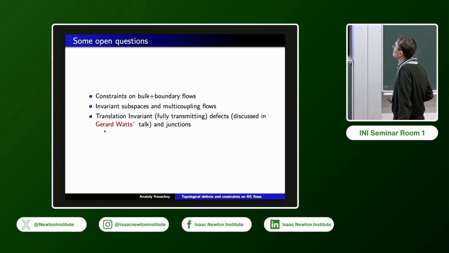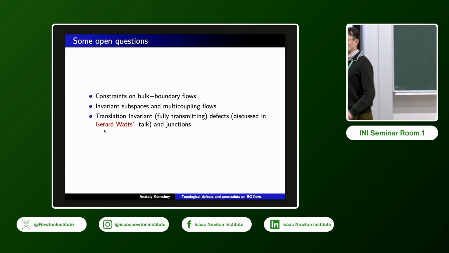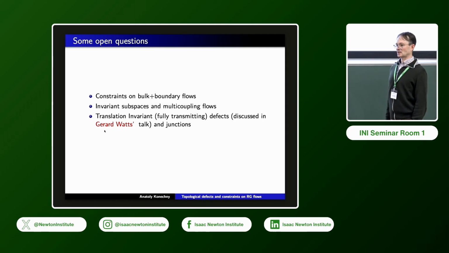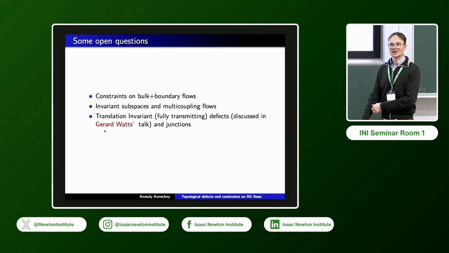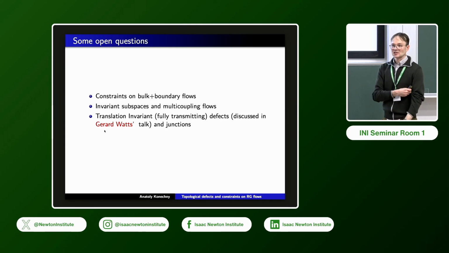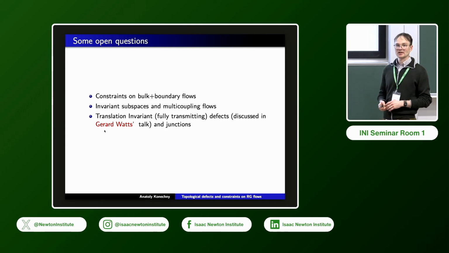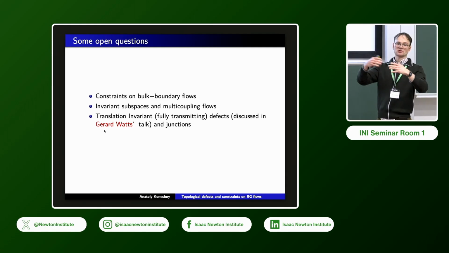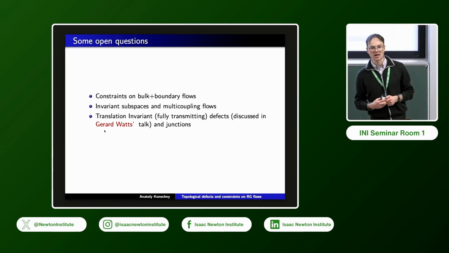And then I think it will be really interesting to develop the constraints from translation invariant defects rather than from topological defects. That's something which Jared talked about in the first day. I think this is one thing that looking at translation invariant defects can provide: some symmetry enhancement, because those defects always flow to something topological in the bulk.